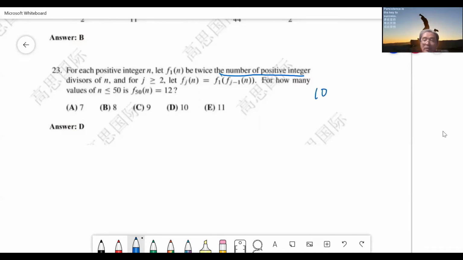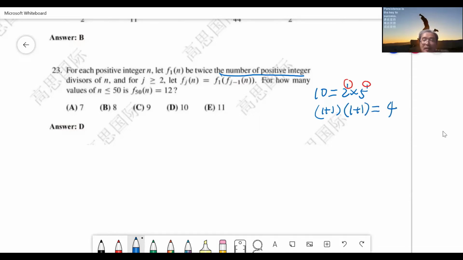This is 2 to the power 1 times 5 to the power 1. For the number of divisors, we take the first exponent plus 1 times the second exponent plus 1. So 2 times 2 equals 4 factors.